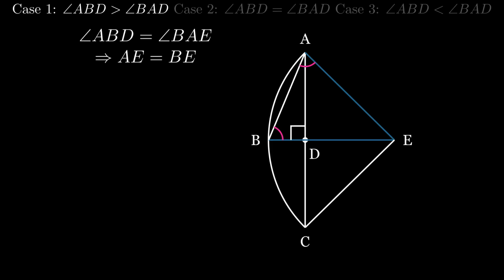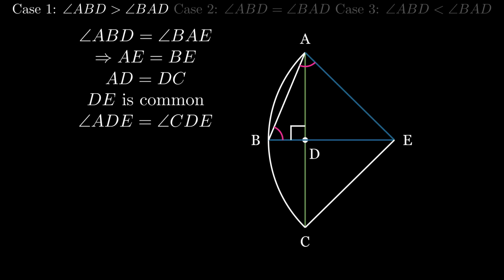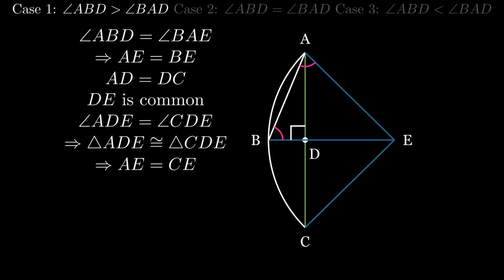We have two other triangles, ADE and CDE, where AD is equal to DC, because it has been bisected at D. DE is common, and angle ADE is equal to angle CDE, because BD is perpendicular to AC. Therefore, the two triangles are congruent, and AE is equal to CE.